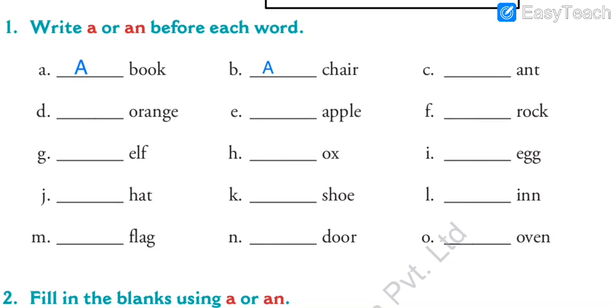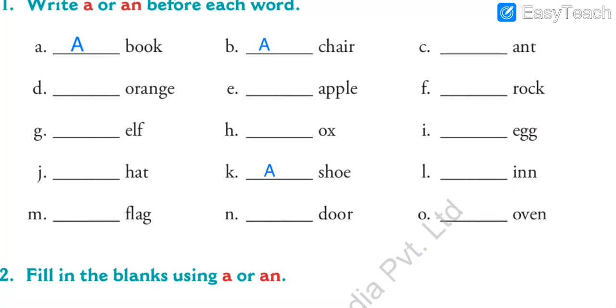Many of you have that wrong habit of saying "an shoe". What is "an shoe"? That is incorrect. Let me tell you, that is very incorrect. Here the answer will be "a shoe". Why so? Because the word shoe starts with alphabet S, and the alphabet S is not a vowel, correct?